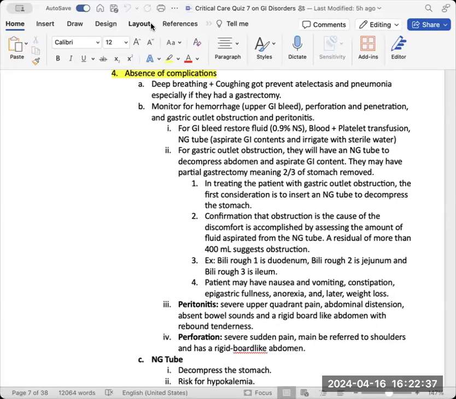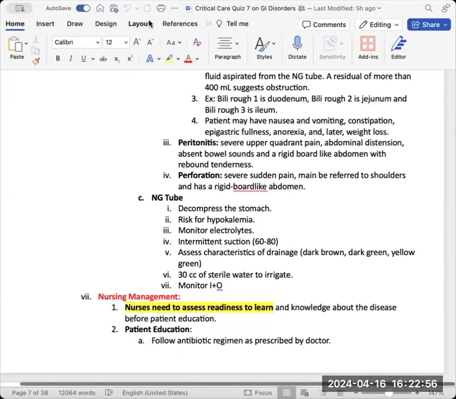That's what helps confirm it. So for gastric outlet obstruction, you should be thinking my first priority, if I do notice that complication, should be getting them an NG tube. For a GI bleed, you need to restore fluid, which will be blood and also actual fluids, right? For peritonitis as a complication, they could have severe upper quadrant pain.